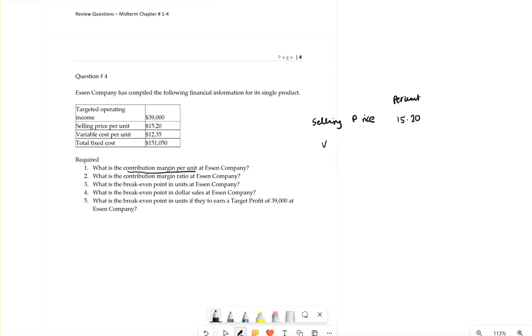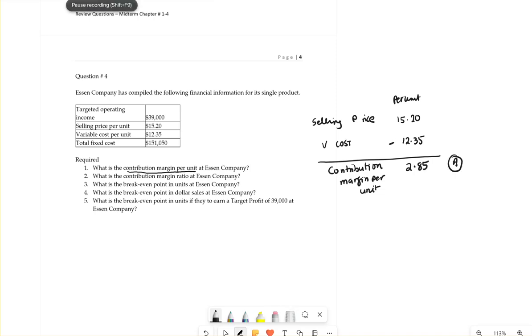We have a variable cost, and that variable cost is per unit, and that is $12.35. And if I take selling price minus your variable cost, it will give me contribution margin per unit. And that will be your $2.85. So that is the answer for A.